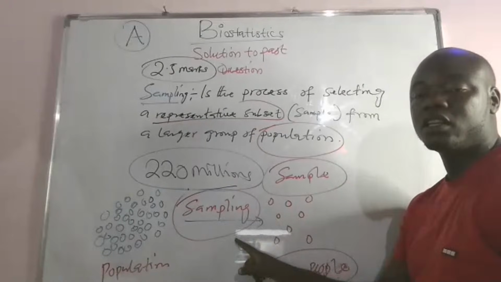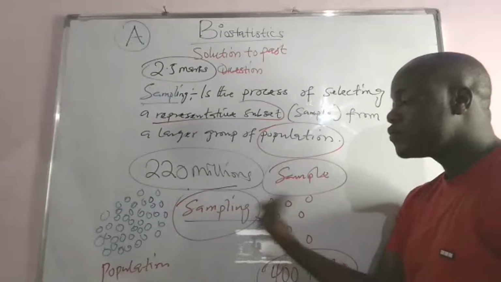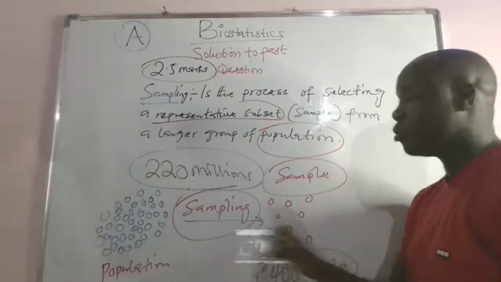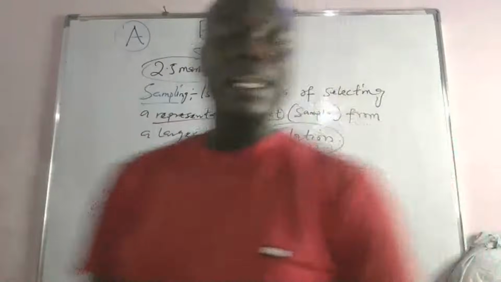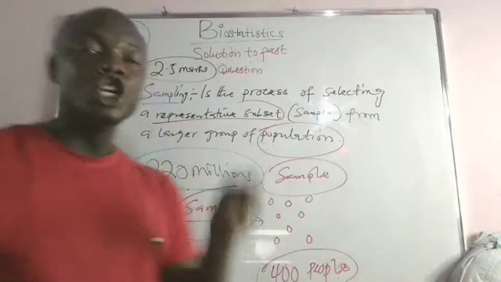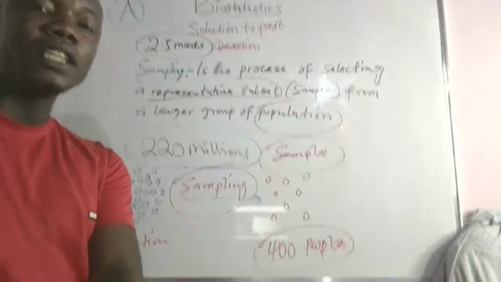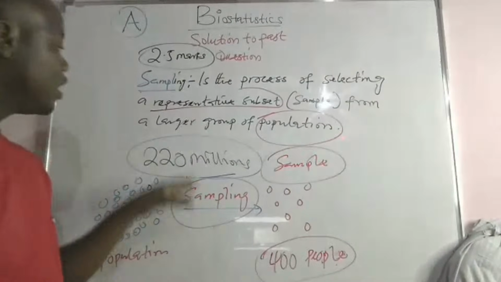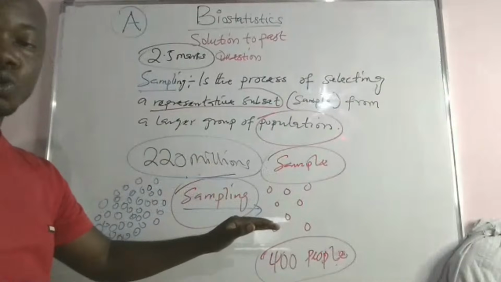While sampling is the process used for the selection of the sample, the population is the entire individuals in a community.